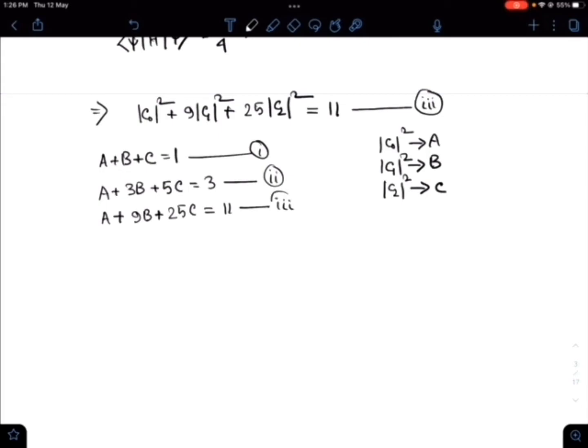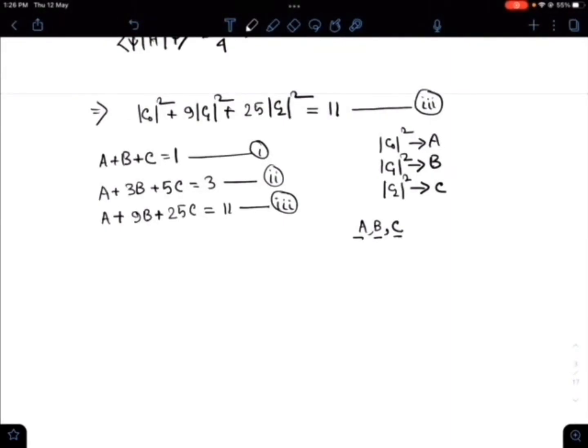These are the three conditions we have to solve, and if we solve them we will get A, B and C. That means the probability of being in the ground state, the first excited state, and the second excited state.